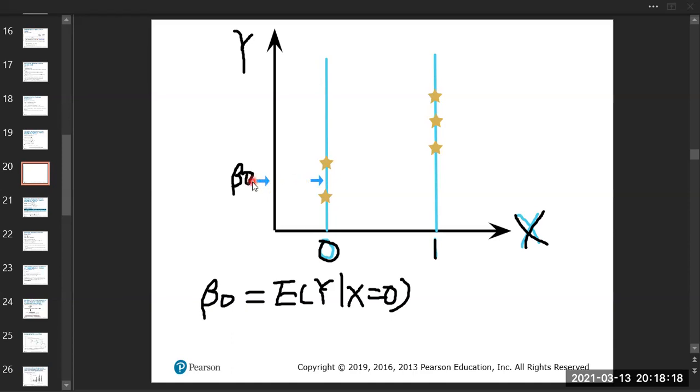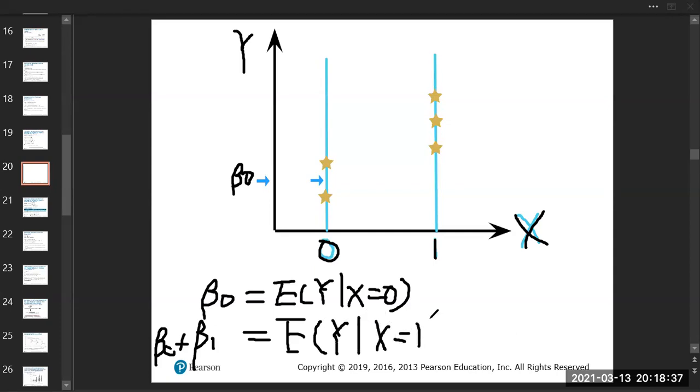Where is beta 1? Where is beta 0 plus beta 1? Beta 0 plus beta 1 is the expectation of y conditional on x equals to 1. It means that when x is 1, its average value is beta 0 plus beta 1.